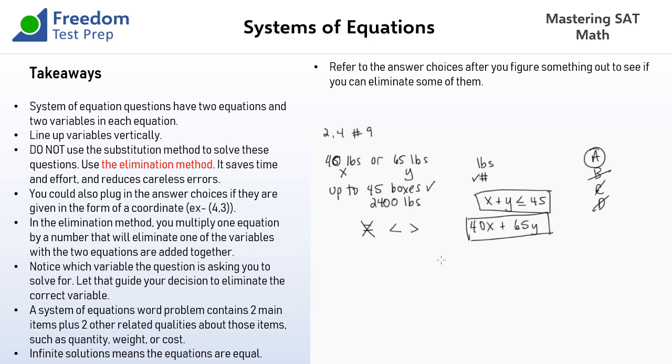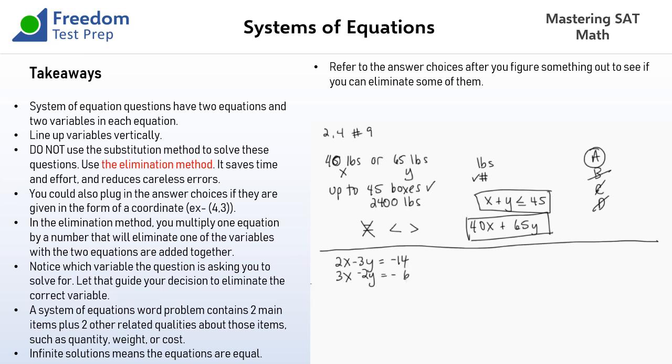Another type of problem that they could give you is slightly more complex. So you might have something like this, and then 3x minus 2y equals -6.